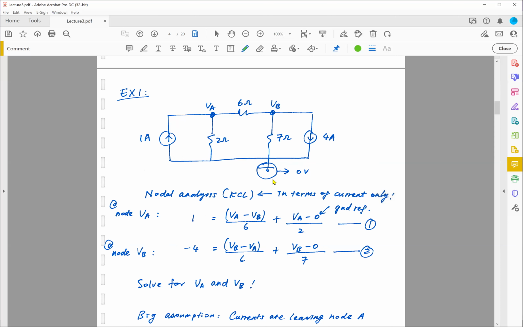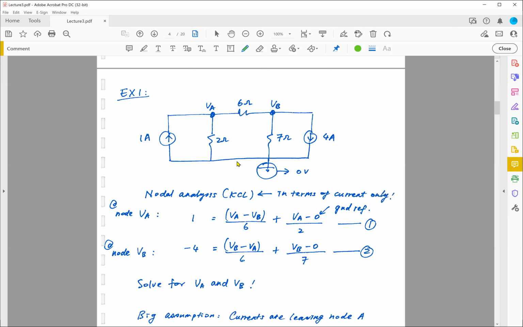And I can use this as my reference so that if I want to find VA, this node voltage, then all I have to do is take this VA minus this 0 volts. In other words, the voltage drop across this 2 ohm resistor is simply VA, since this reference node voltage is equal to 0. So the voltage drop, which is the potential difference between this node voltage and this node voltage, is the delta between VA and 0, which is simply VA.